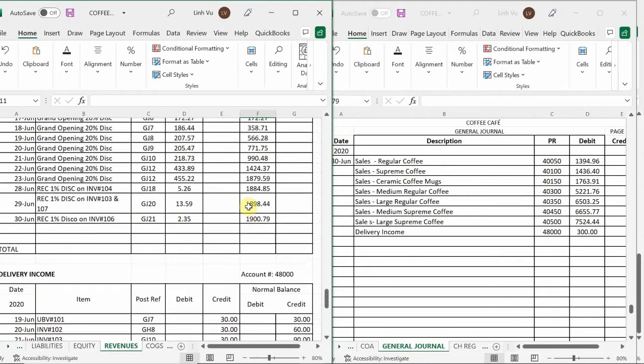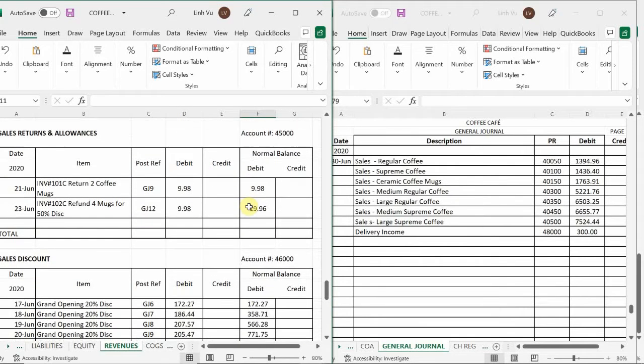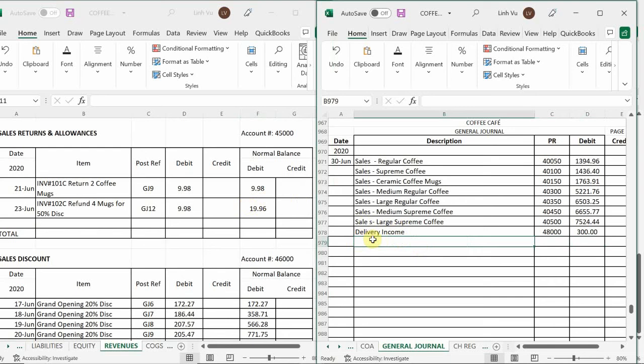So going back to those last two that I have to close out, which is my sales returns and allowances, since it has a debit balance, in order to 0 that out, I would have to credit the account. Okay, account number 45,000.